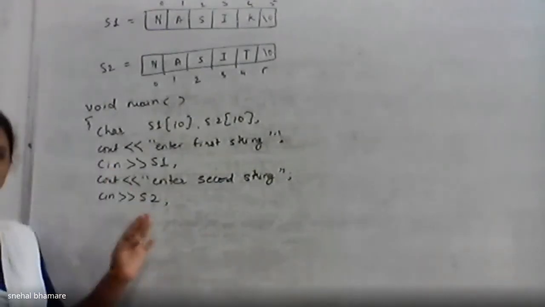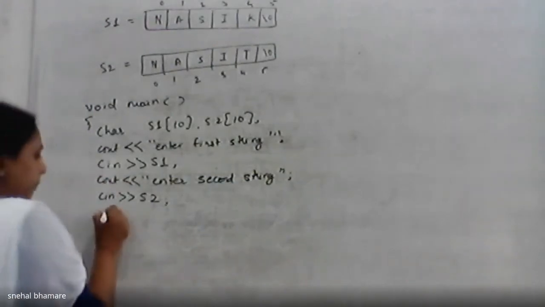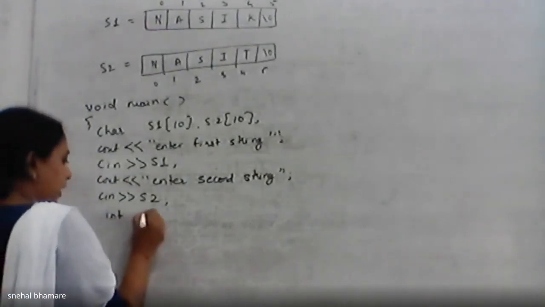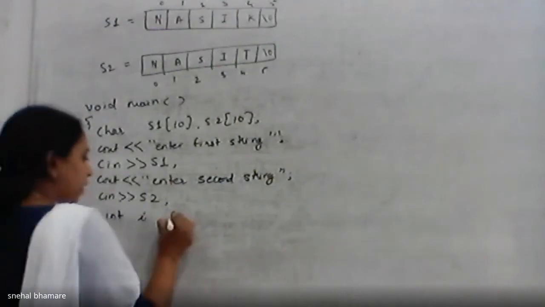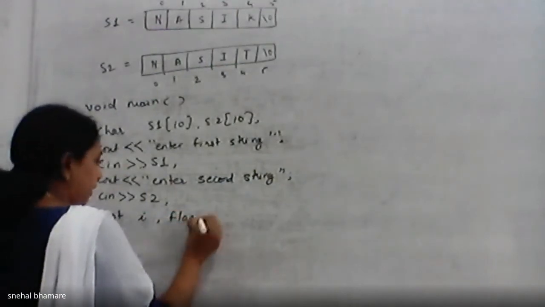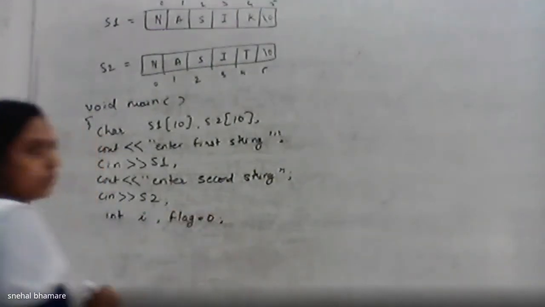Now we have read the two strings and we have those inputs. Now what will we do? I'll take two variables: int i and one flag variable which will be initially set to 0.